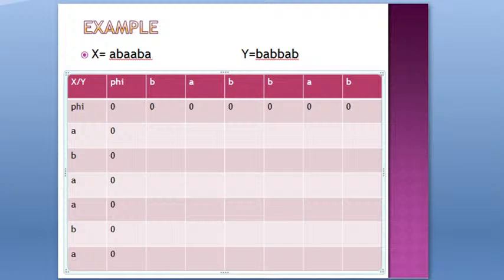As I told you, initially the first row and first column values should be 0. And as my size is m plus 1 into n plus 1, I put phi and phi, an extra column and extra row before the x and y values. Up to this, is it clear, students? Please let me know.